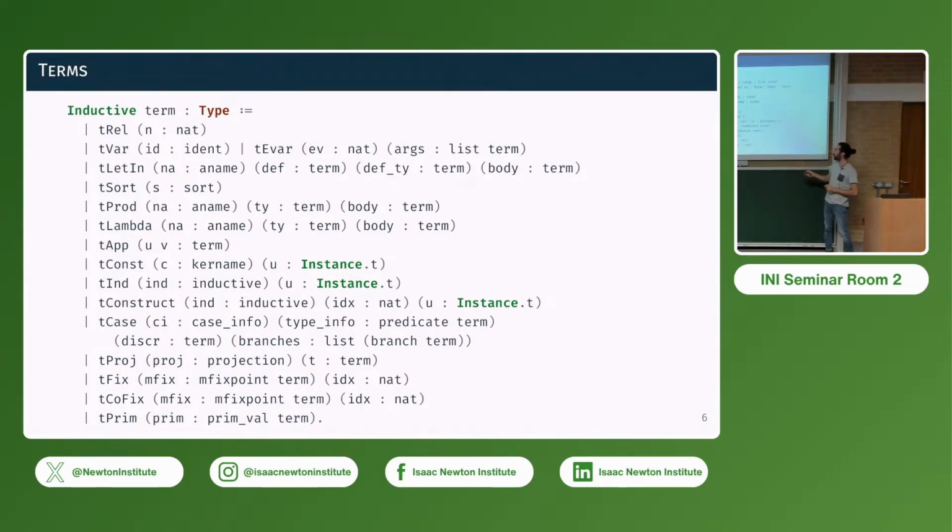This is the simplified version, because I think the OCaml one has cast nodes on top, app has a slightly different type, and prim is a bit more complicated in there. But this is basically a faithful copy of what's in the OCaml. And since at the end of the day, that's what we want to certify, this was more or less a given.